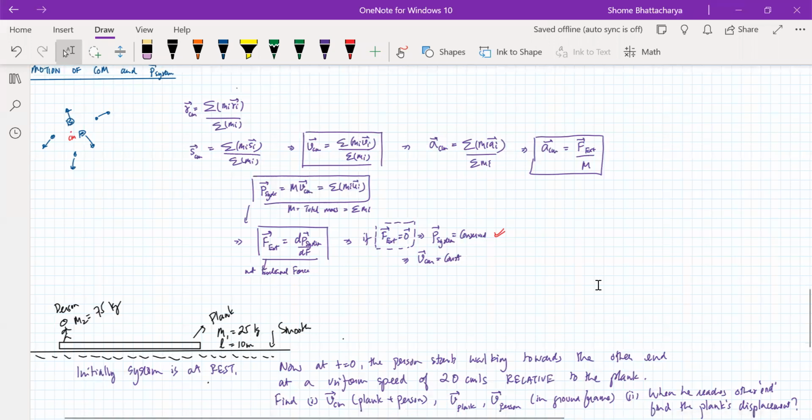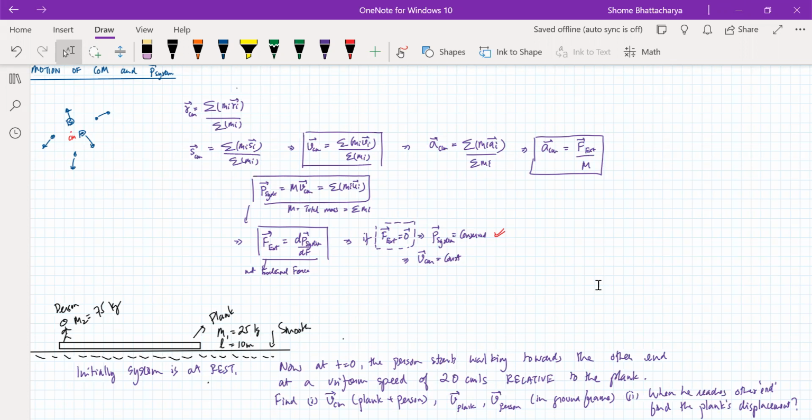So when he starts walking with his feet dragging against the plank, he's pushing the plank backwards with friction, right? And the plank is pushing him forward. So he develops a forward momentum, but the plank develops a backward momentum like a recoil. And because there's no friction on the ground, the plank will slip backwards even as he's walking forwards.